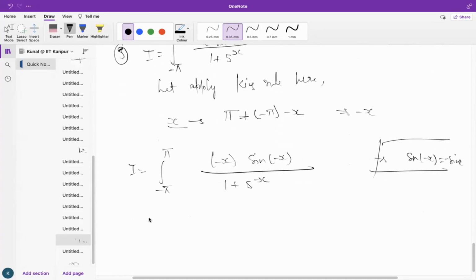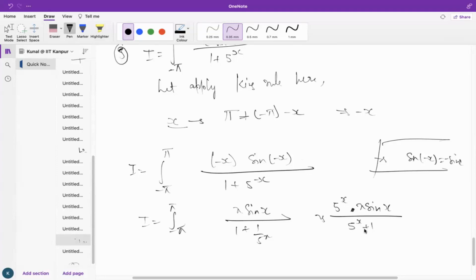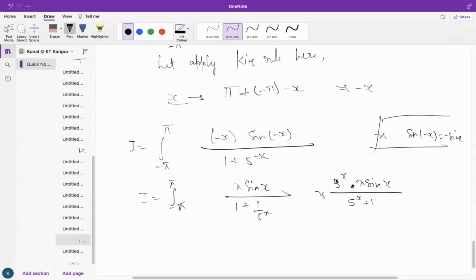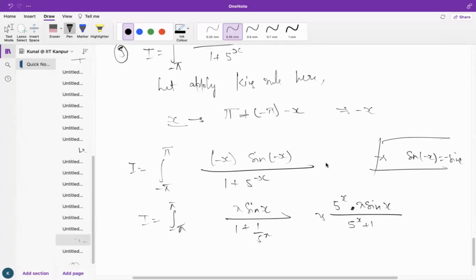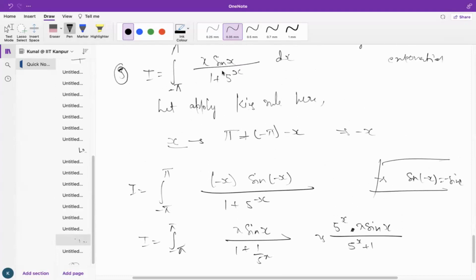So from minus pi to pi we get x sine x, and in the denominator 1 plus 1 by 5 to the power x. So it becomes x sine x 5 to the power x divided by 5 to the power x plus 1. This is my second form. Both are the same.